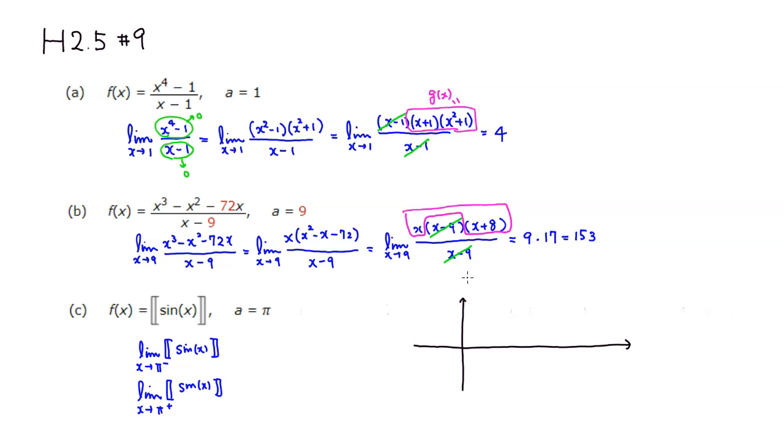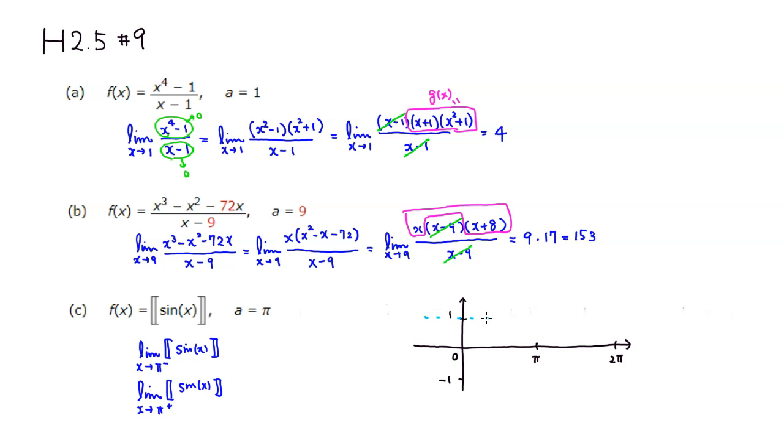So here's 0, here is pi, and maybe 2 pi. Maybe 1 and then maybe -1.